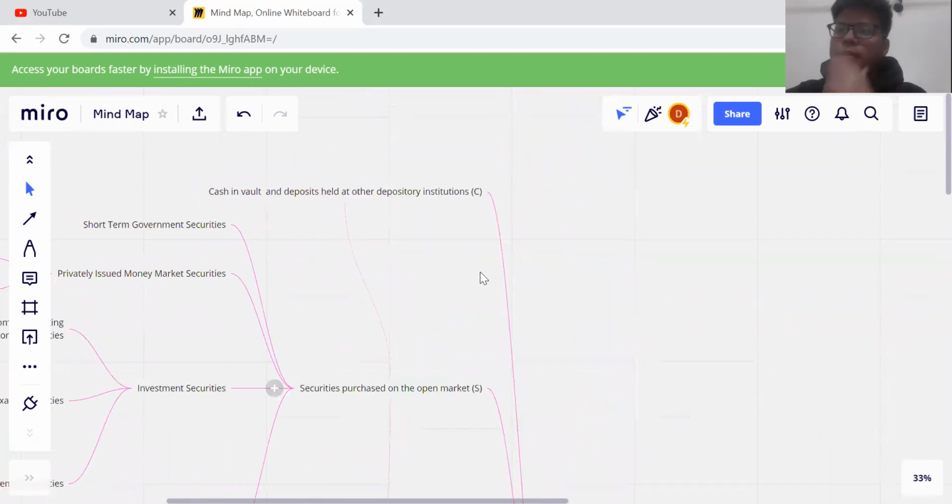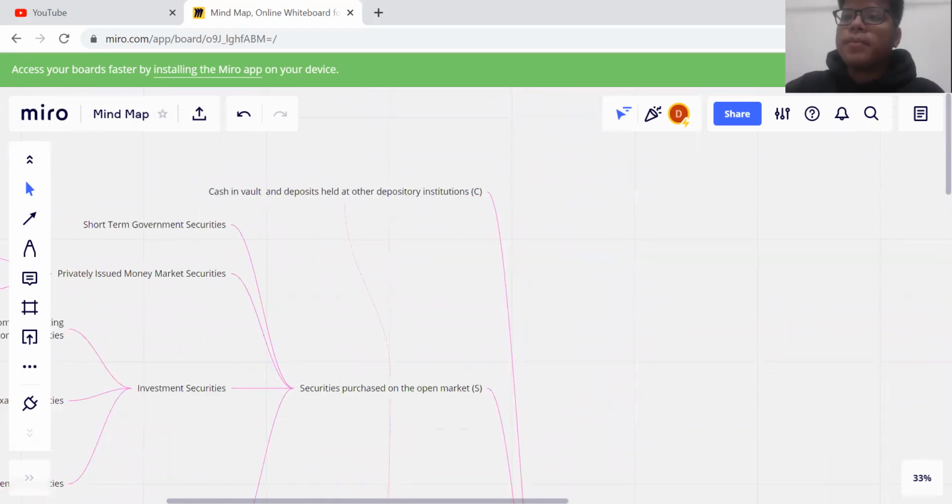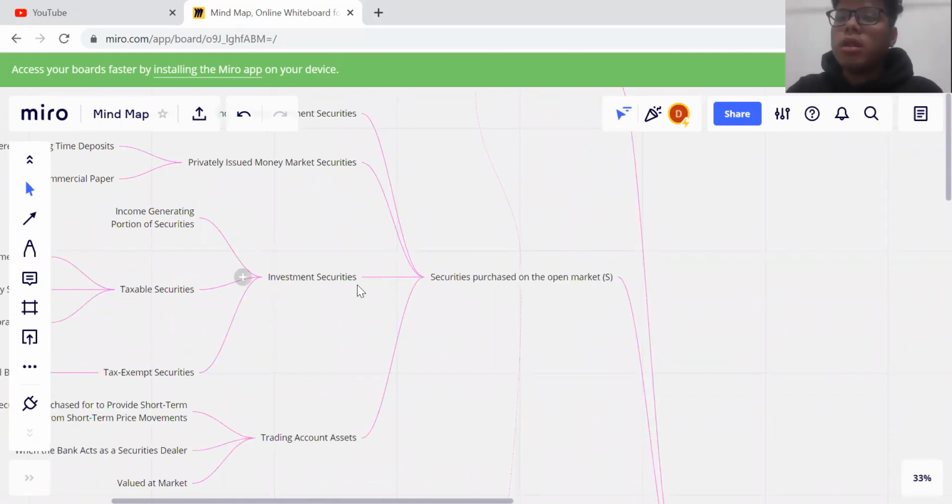In each part, for example, in the securities purchased on the open market, we have short-term government securities, privately issued money market securities, investment securities, and trading account assets.